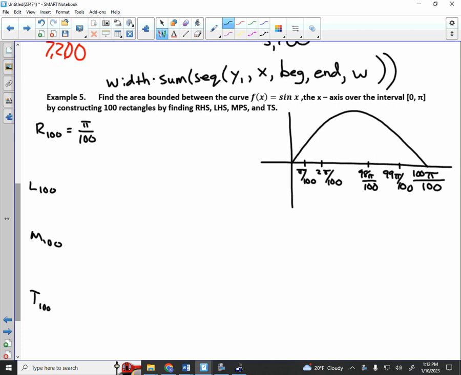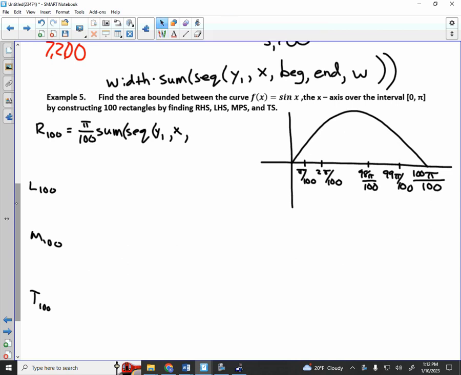This is our width, times the sum. Then we have sequence. Then we have y sub 1. Then we write x. I will pause to make sure everybody's okay with what I have there so far. Everybody good with that? Okay, what is the first spot at which we evaluate the height?